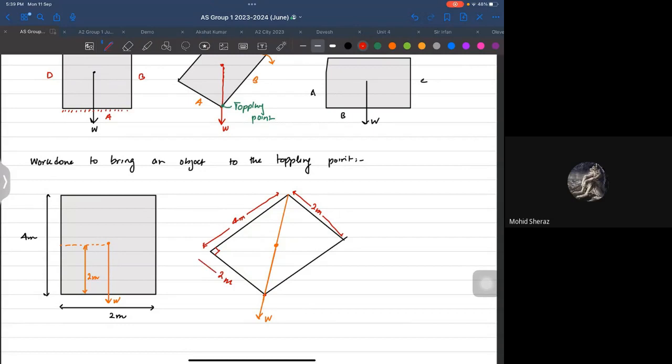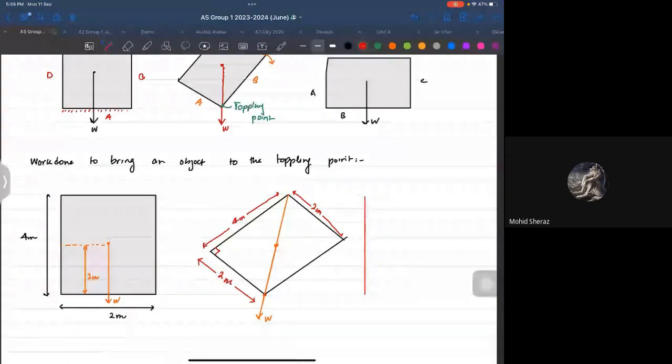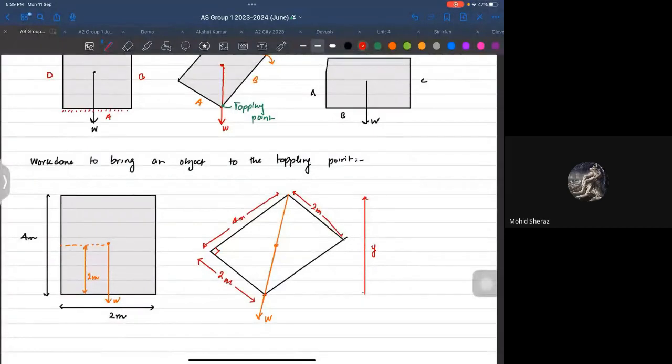Now, I want to find the other length of the triangle. Let's call the whole length from this point to this point y. So y will be equal to the square root of 4 squared plus 2 squared, because I take the Pythagoras theorem to find the hypotenuse, and y will come out as 4.472 meters.